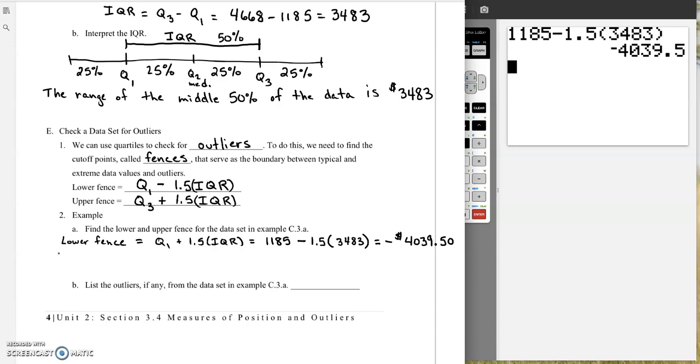Okay, what about the upper fence? Well, for the upper fence, we take the third quartile and add 1.5 times the interquartile range. The third quartile was 4,668, and now we're going to add 1.5 times the interquartile range.